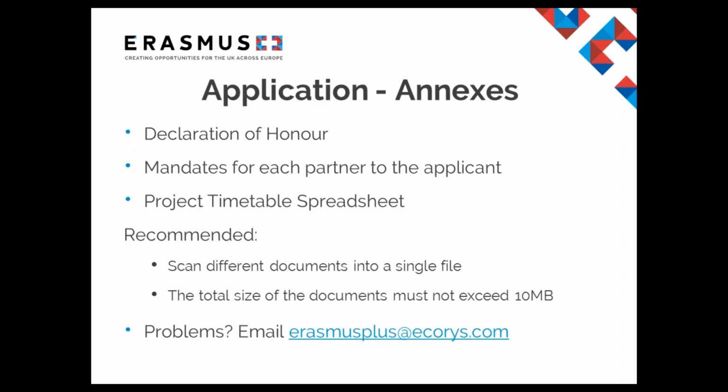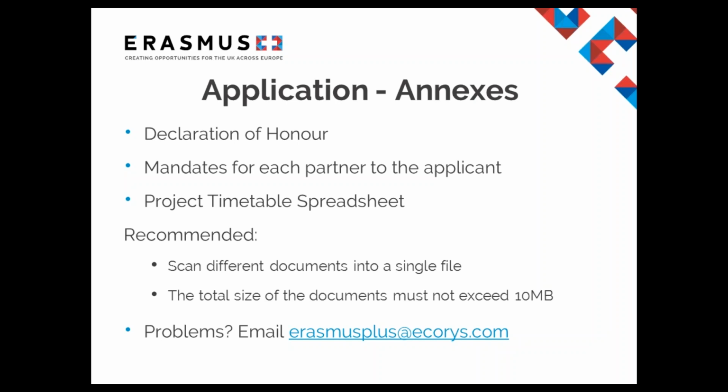As a reminder, the following documents must be annexed to the application form. The Declaration of Honour, signed by the legal representative mentioned in the application form. The mandates of each partner to the applicant, signed by both parties, and with information identical to the information about the partners in the application form, and the project timetable. We recommend that you scan different documents together into a single file.